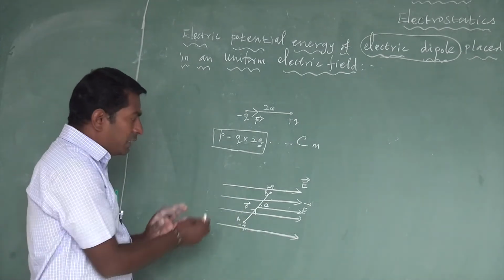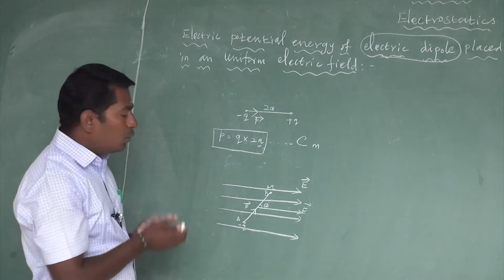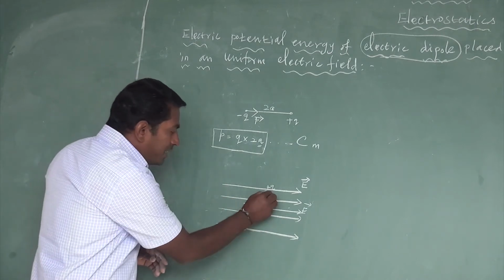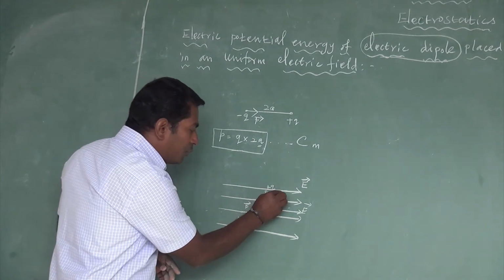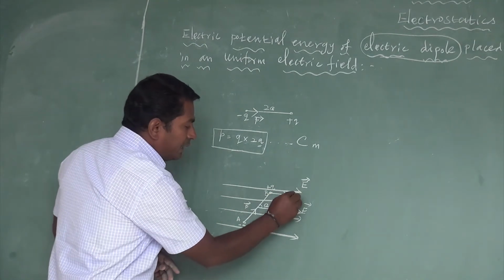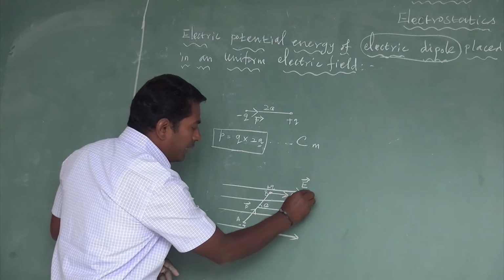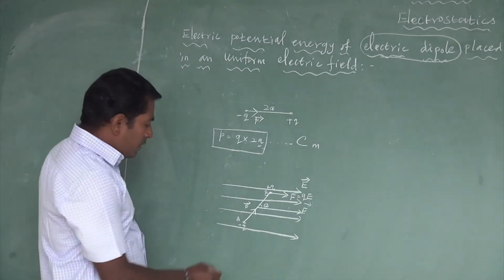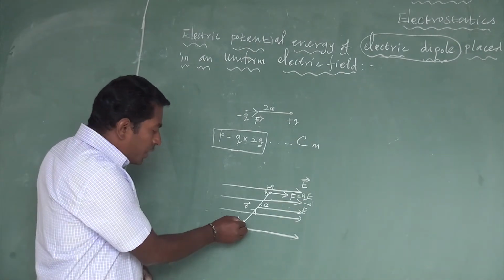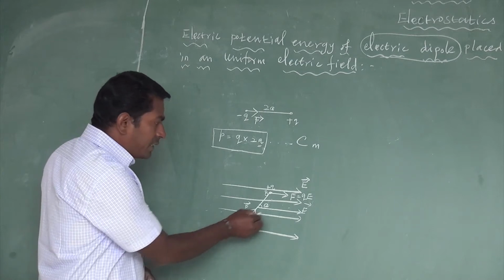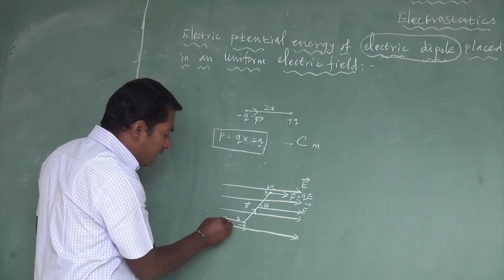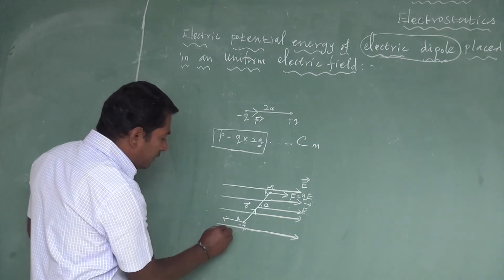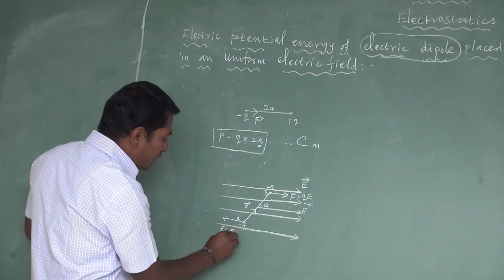With the electric dipole placed within the uniform electric field, the plus q charge experiences an electrostatic force along the direction of the electric field, F equals qE. The minus q charge experiences the same magnitude of electric force but acting opposite to the direction of the electric field, F equals minus qE.